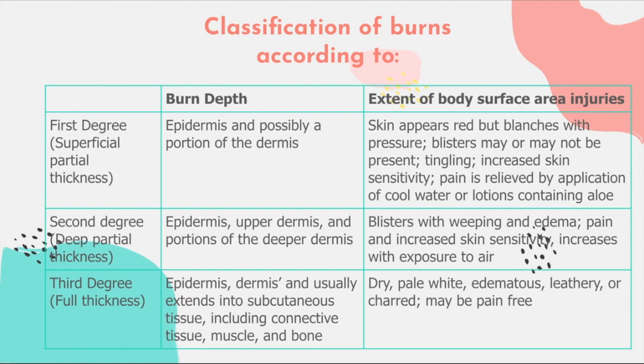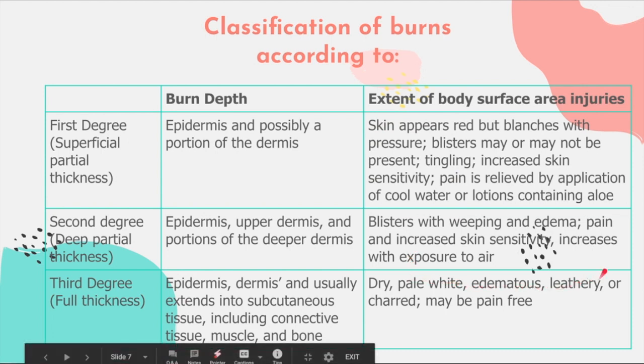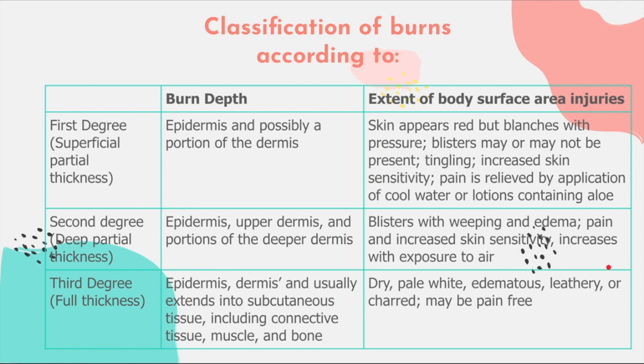The pain and skin sensitivity have increased and will increase with exposure to air. Next will then be the 3rd degree burn, which will appear dry, pale white, edematous, leathery, or charred, and may be pain-free due to the destruction of the nerve endings.